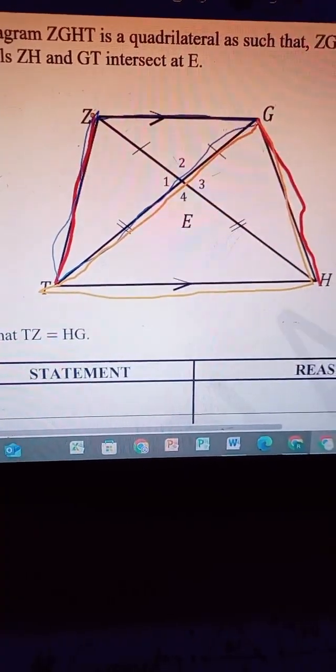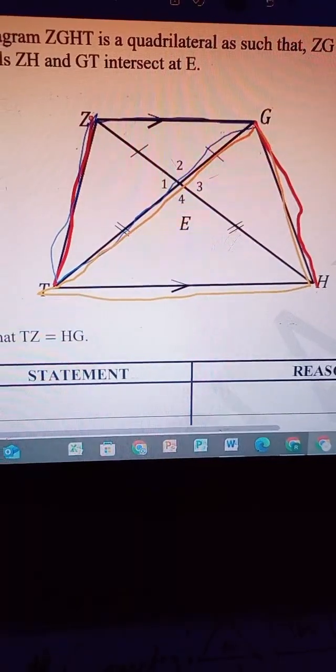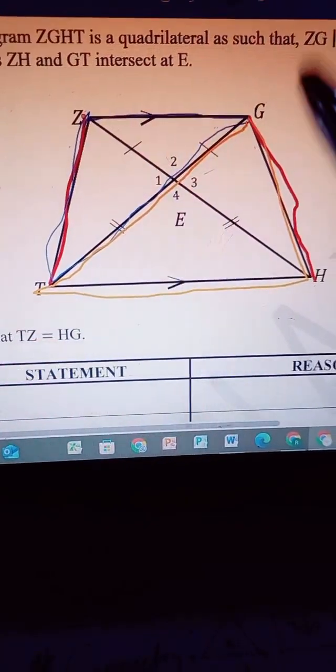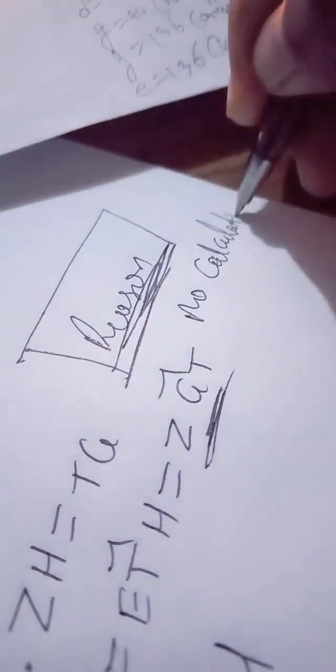There are no calculations needed here. What is needed is for you to show us that this side is equal to this, because we want the reason behind. No calculations. There are a few questions which will come requiring calculations.